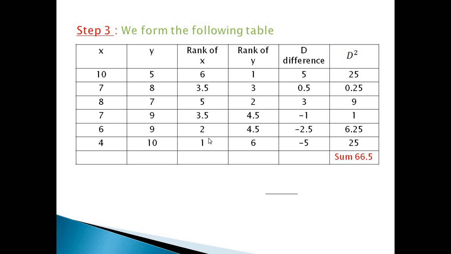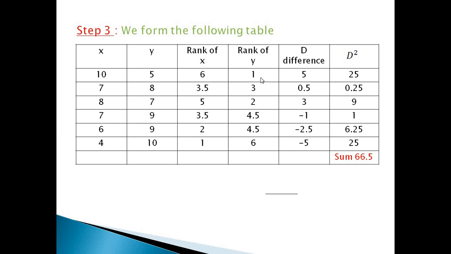After listing the rank of x and rank of y, now we're gonna find D, which is the difference between rank of x minus rank of y. We're gonna find the difference between them.